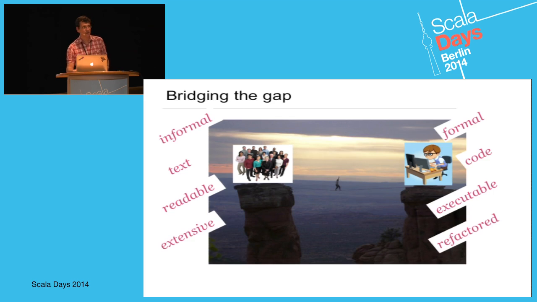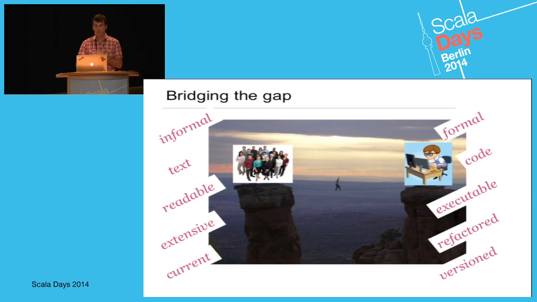What you tend to have in your software specifications as text is that they are very often extensive. You have lots of repetition and so on. Whereas in code, you have very nice tools to refactor, which is something we don't have for pure text. The other thing we do very well as developers is version this information. We have very powerful versioning tools.